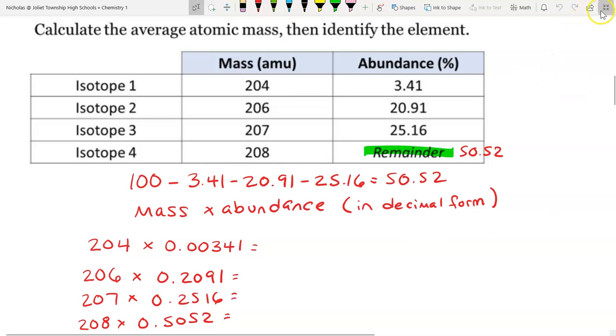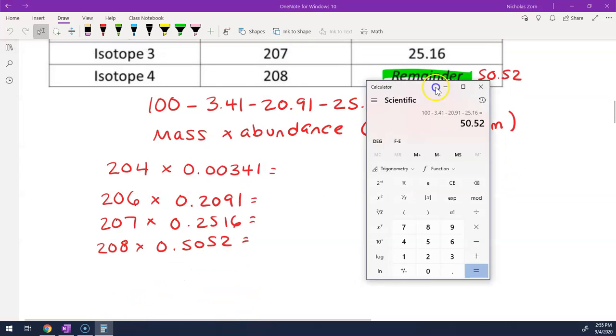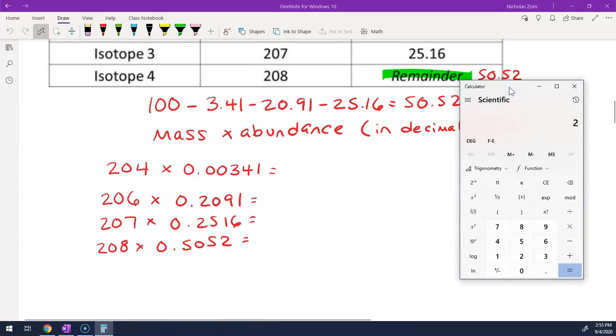Okay. So when I go to multiply these out, bring in my calculator. First one, we've got 204 times 0.00341. That gives us 0.69564.